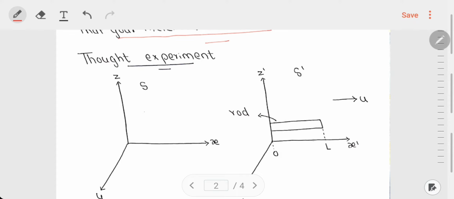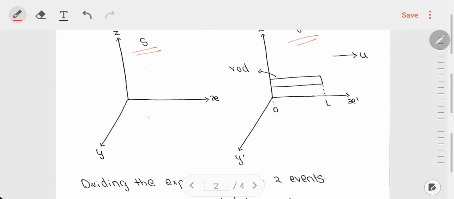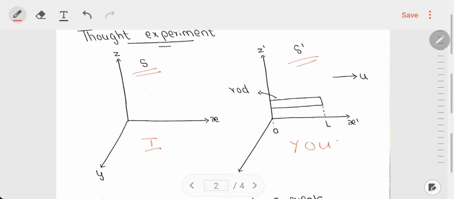As we have a thought experiment and two observers, we need two frames of reference to compare their observations. So here is the S frame and the S prime frame, and I am in the S frame and you are in the S prime frame. This S frame is the rest frame of the rod, which means that in this frame the rod is at rest.